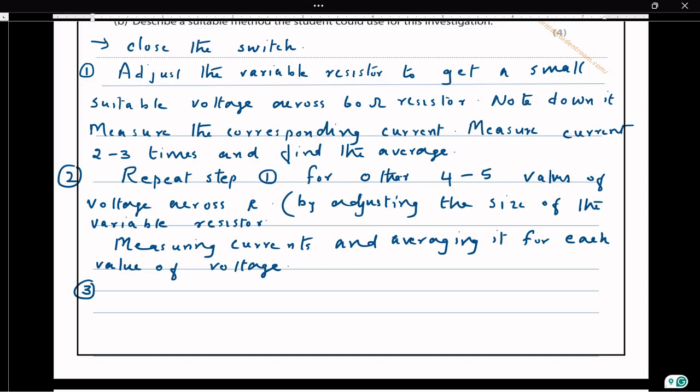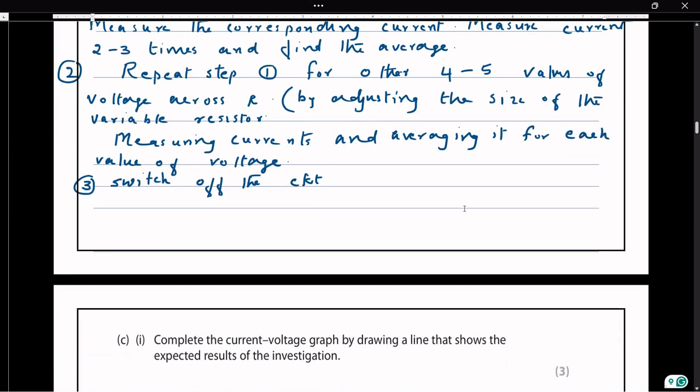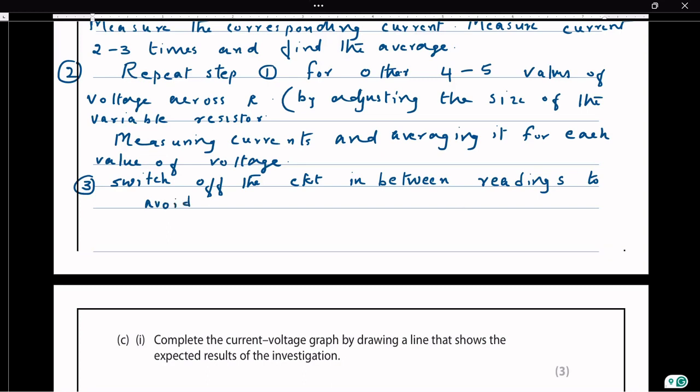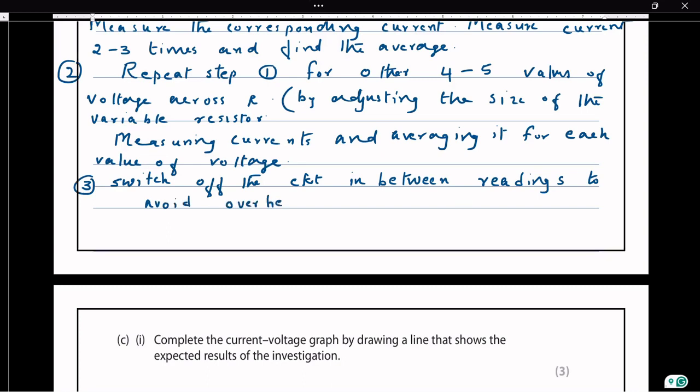So as a safety measure we can say: switch off the circuit in between readings, so that there is no current flow between readings, to avoid overheating of the wires.